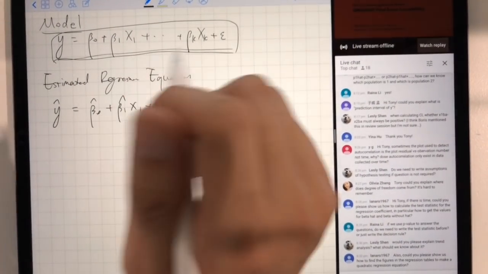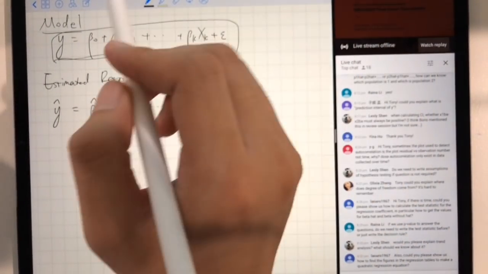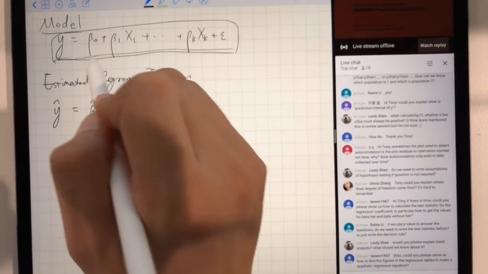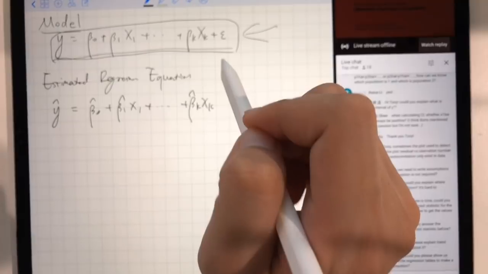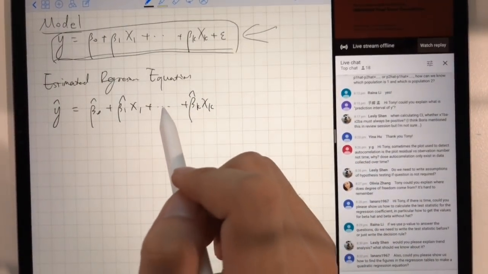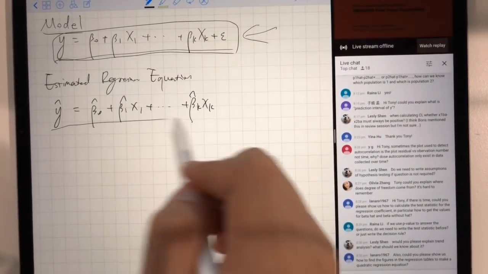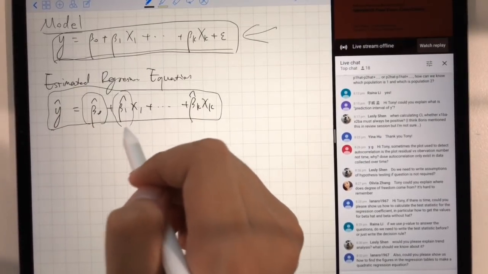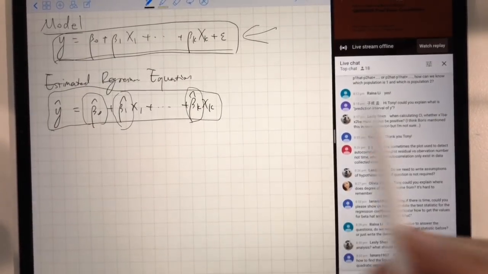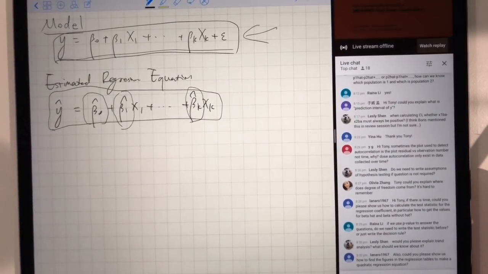So in your exam question, if you are asked to write down the multiple linear regression model, you should write down this one. But if you are asked to write down the estimated linear regression equation, you have to write down this one with all the numbers, plugging in beta 0 hat, beta 1 hat, and beta k hat.